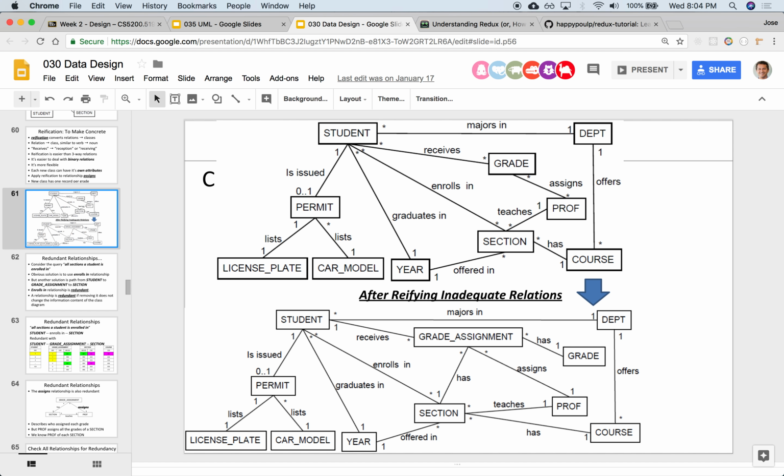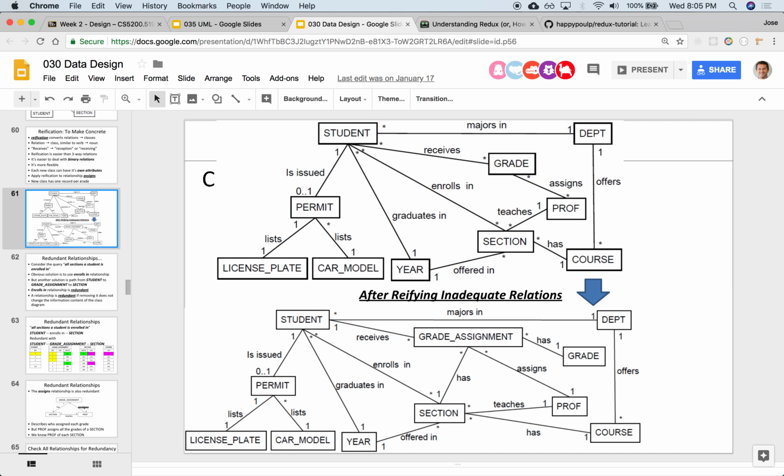You can answer which students are enrolled in which section either following this relationship here, or going this way, where the foreign key maps to a student and the foreign key maps to a section, and you can join these two to answer what students are in what section, or just follow this enrolls relationship here.